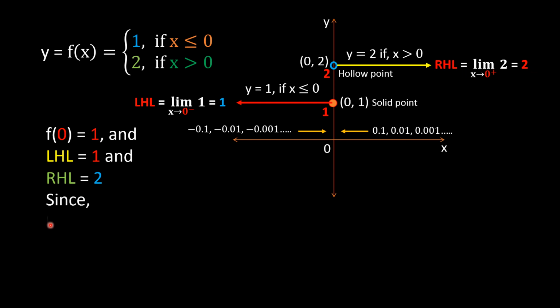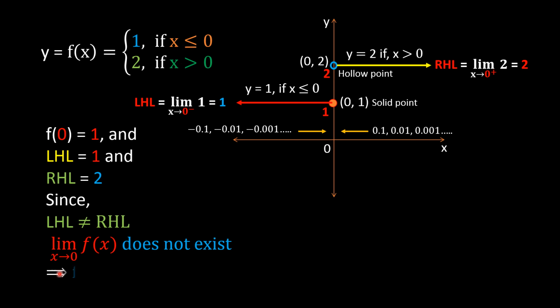Since the left hand limit is not equal to the right hand limit, the limit of function f x as x approaches 0 does not exist.